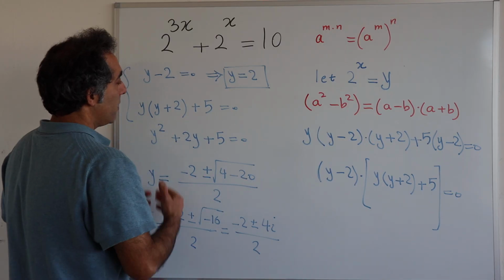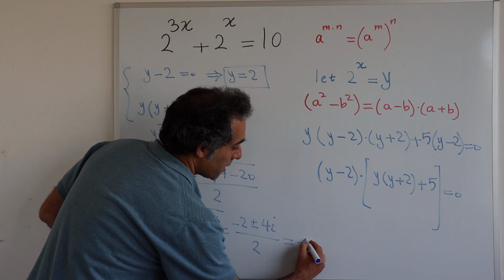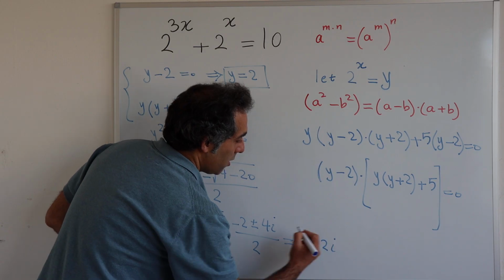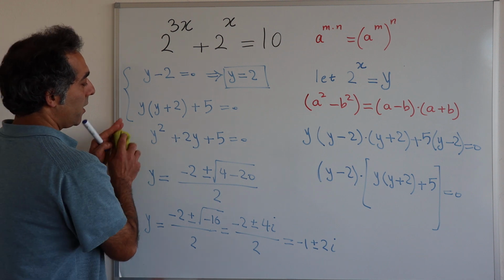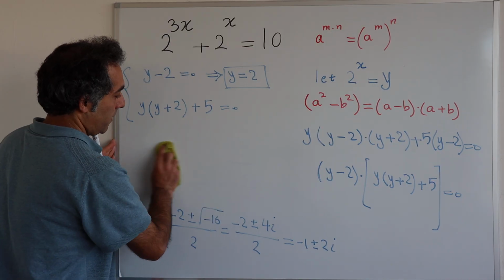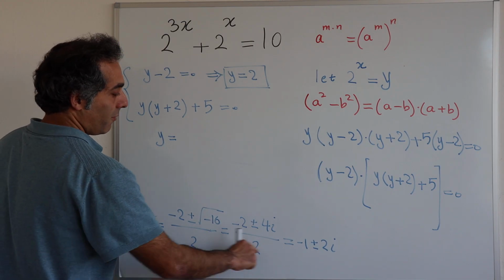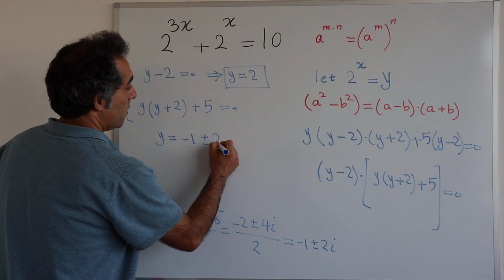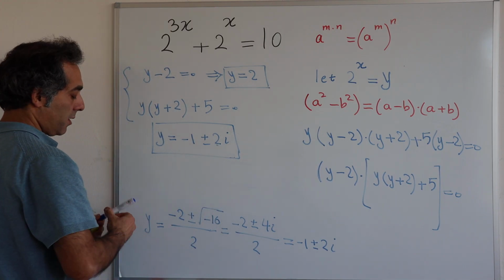I can simplify it and write it here, because you know, dividing by 2, minus 1 plus minus 2i. And this is the second pair. I erase here and write it simply here. The second pair of results is minus 1 plus minus 2i.